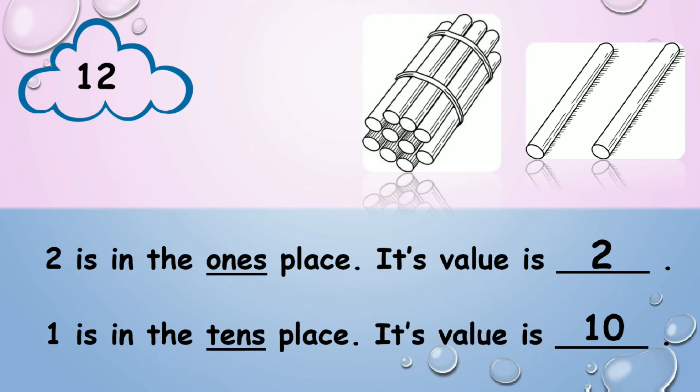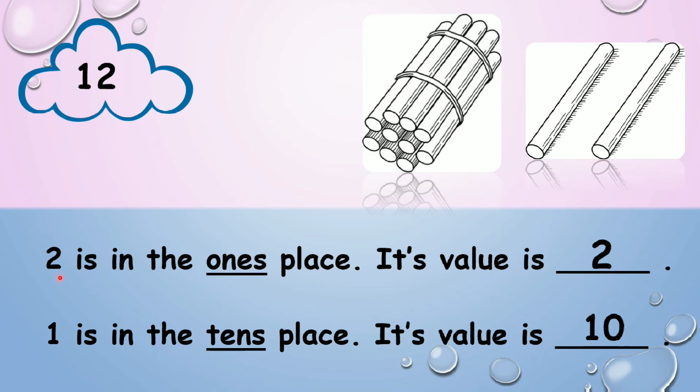For example, we have this double digit 12. 12 can also be represented in picture form using a bundle of 10 sticks and 2 independent sticks.